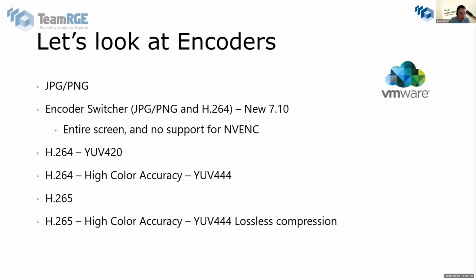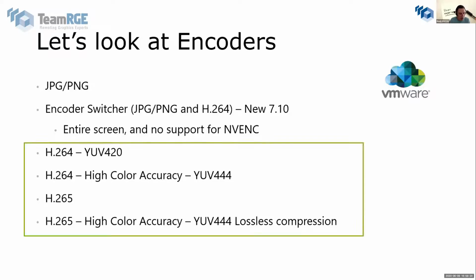If we look at VMware with Blast Extreme, then you can still see that most of the encoders can be supported by GPU. Unfortunately, the encoder switch, the VMware version for active changing regions, currently doesn't support the NVENC, so I hope that they will add that in the future as well.